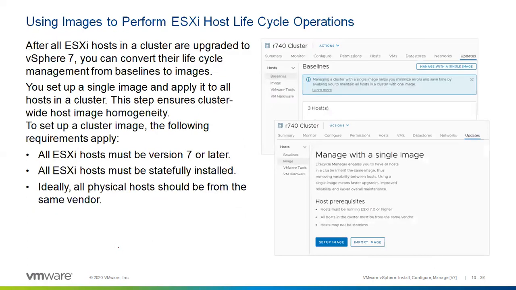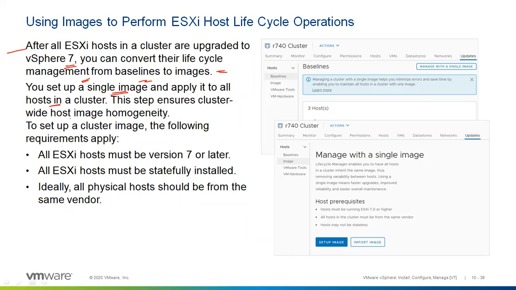But this custom image is also used for this: after ESXi host clusters are upgraded to vSphere 7, you can convert the lifecycle management baseline to images. You set up a single image. This custom image can be further used and applied to all the hosts in a cluster.